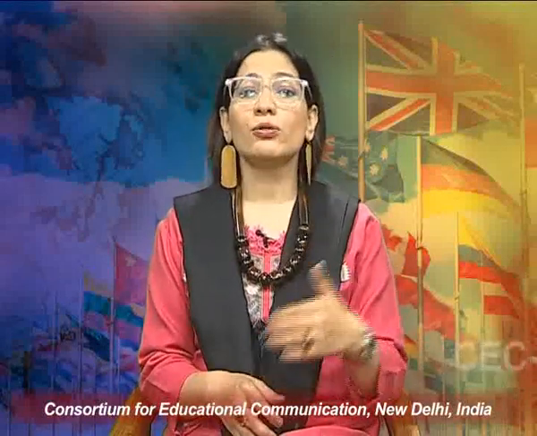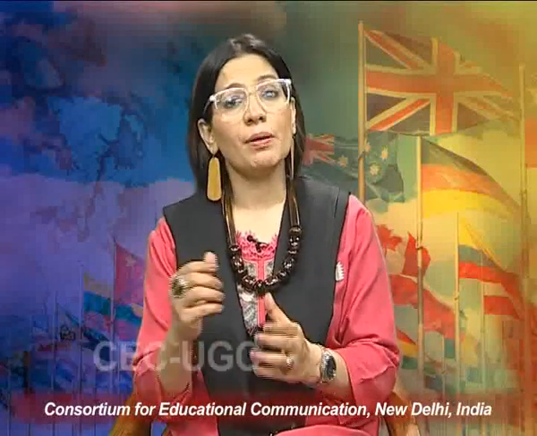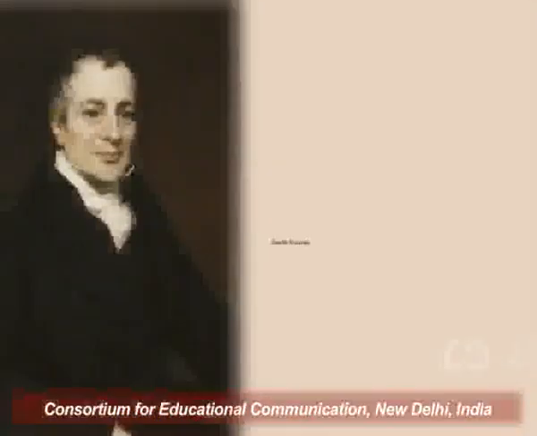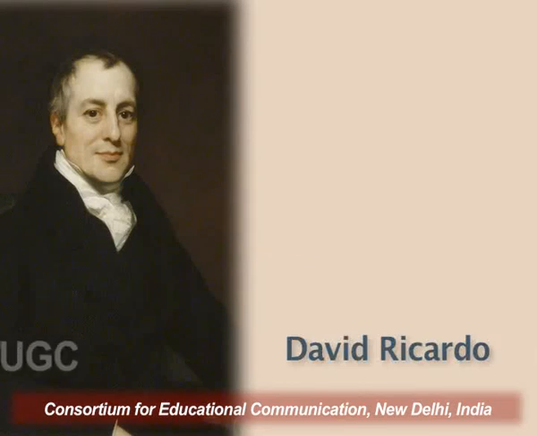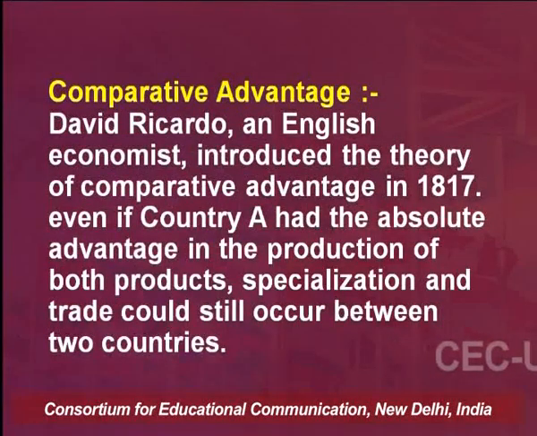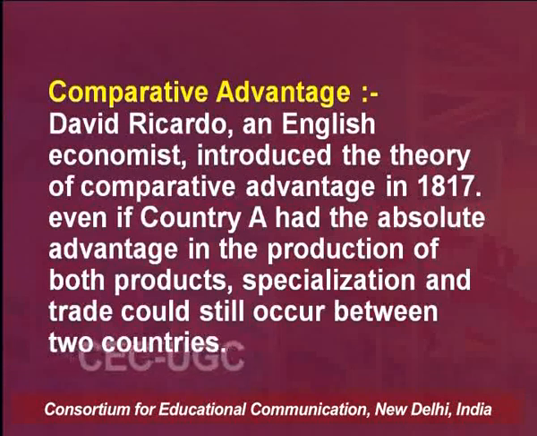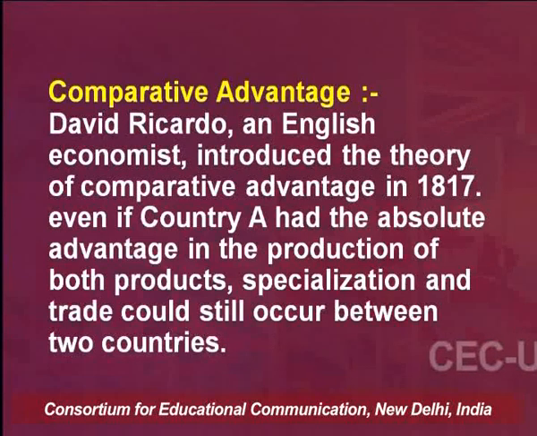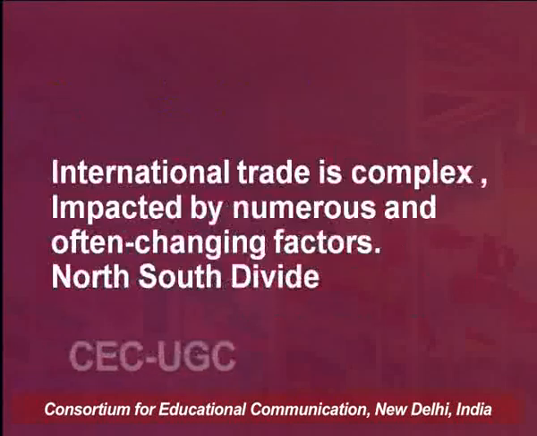In contrast to the theory of absolute advantage, we have another perspective, that of comparative advantage. This is from the work of David Ricardo, an English economist who introduced the theory of comparative advantage in 1817. That is, even if country A has the absolute advantage in the production of both products, specialization and trade could still occur between two countries.